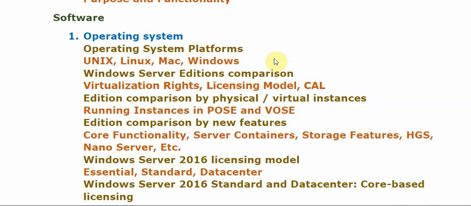For virtualization a different kind of licensing model is used, so we have to have a very clear picture about these licensing models, editions and features. We should be able to differentiate these editions, when to use them and what their purpose is. So we'll be learning all of this in detail here.